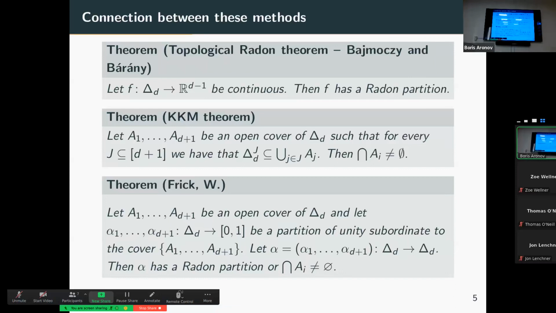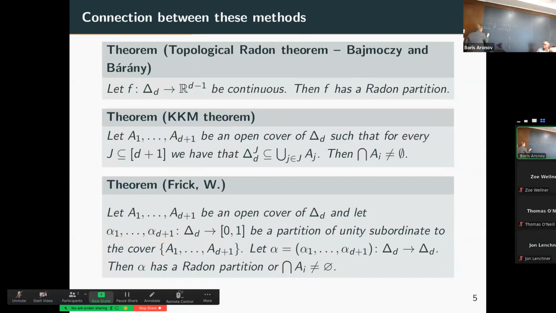So what I mean by a partition of unity is that for these different functions that go from our D simplex to [0, 1], they satisfy the criteria that for all of our functions applied to any x in our simplex, they all sum to 1. And that's just the unity part.